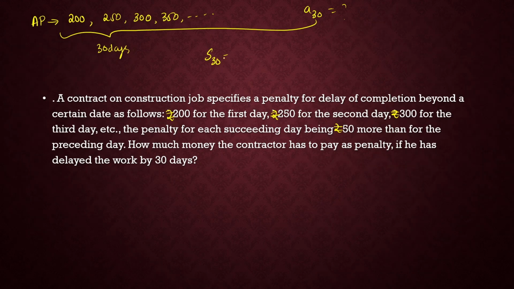The sum of first 30 days is equal to 30 by 2 into 2a plus 30 minus 1 into d. Now what is the value of a here? It's equal to 200. The value of d is equal to 50. Just substitute those values.